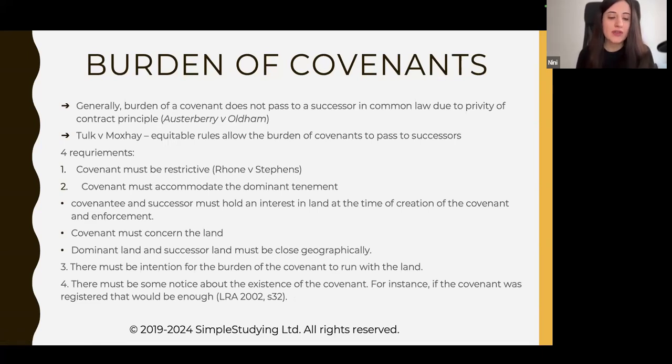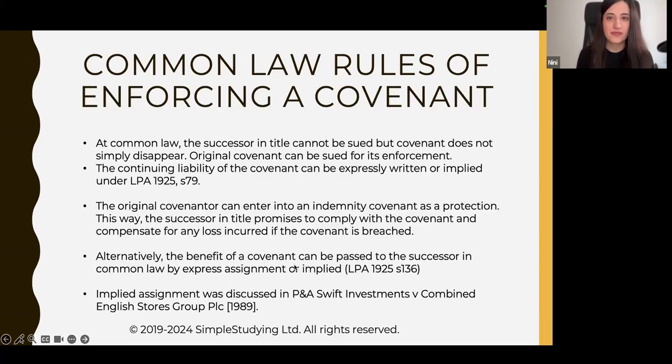So the new owner, when buying the property, should have at some point had some notice of the covenant. For example, if the covenant was registered as a charge on the property register, that can be enough, according to LRA 2002, section 32.